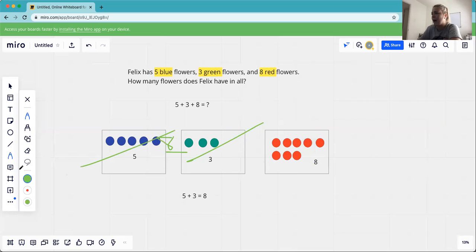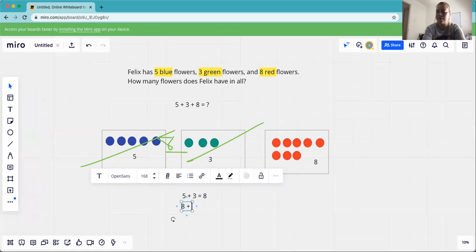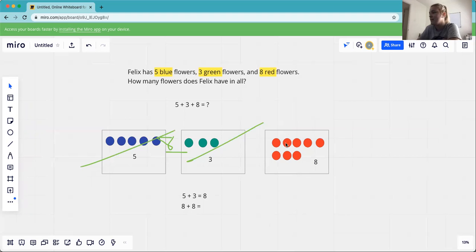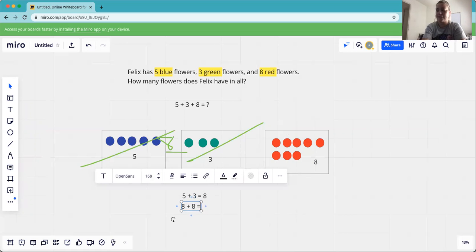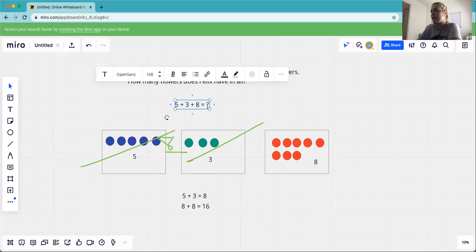So now I need to add on my other 8. So 8 plus 8 equals, let's figure that out. 8, 9, 10, 11, 12, 13, 14, 15, 16. 8 plus 8 equals 16. So all in all, 5 plus 3 plus 8 equals 16.